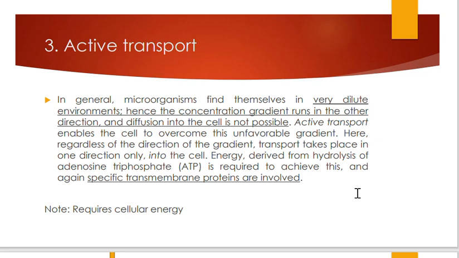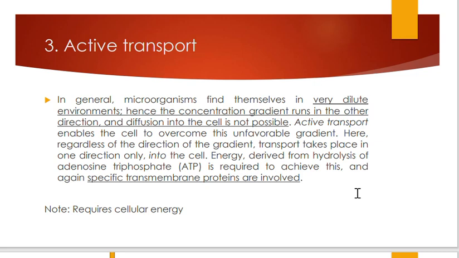Okay, so in comparison to your simple as well as facilitated diffusion, active transport requires cellular energy. Cellular energy in the form of adenosine triphosphate. So without adenosine triphosphate helping the nutrients to get inside the cell membranes, then there is no active transport.